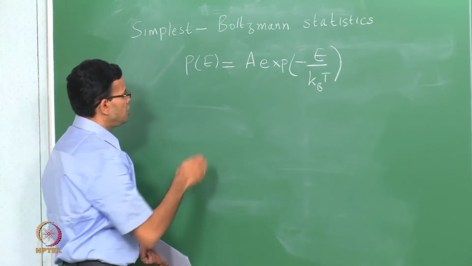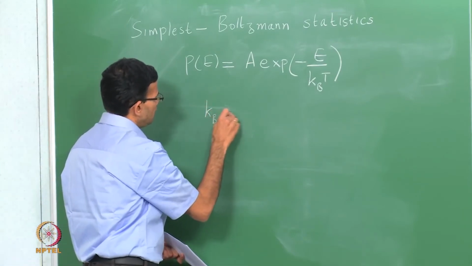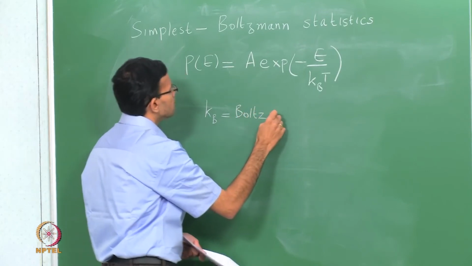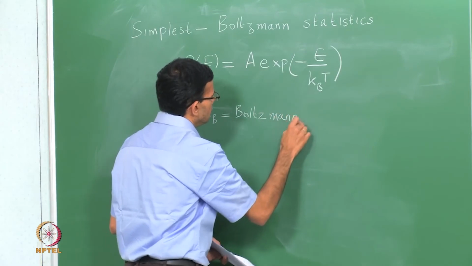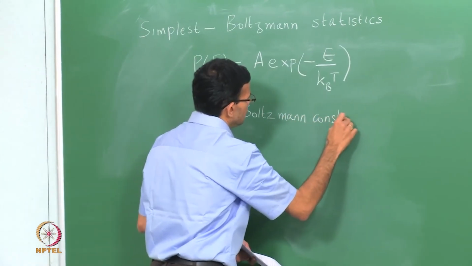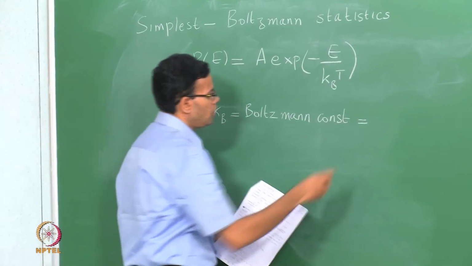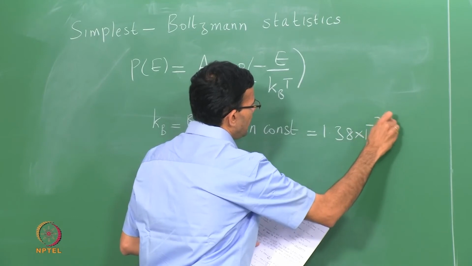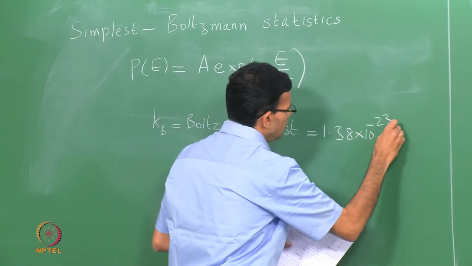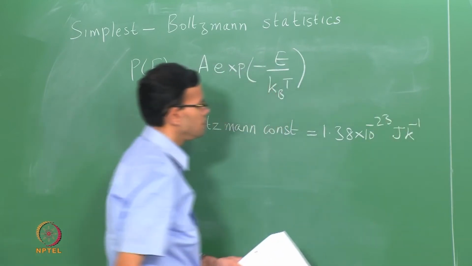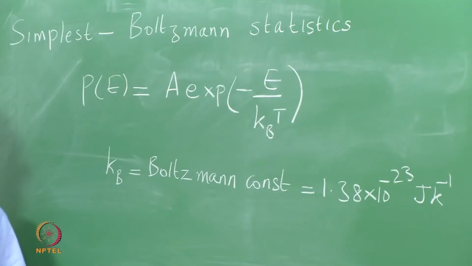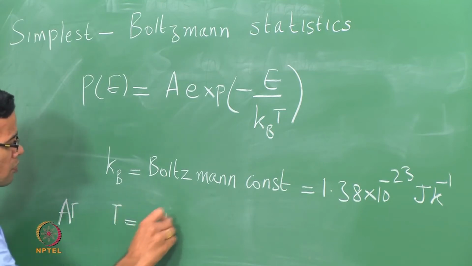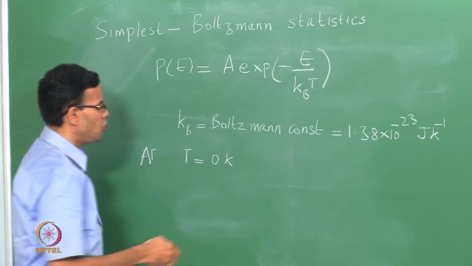E is the energy in joules, kB is called Boltzmann's constant, and is equal to 1.38 times 10 to the minus 23 joules per Kelvin. According to this, at temperature T equal to 0, all the particles have 0 energy.